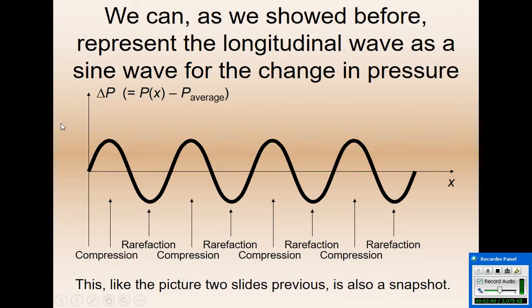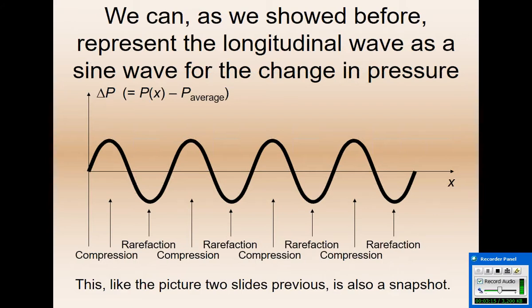If we plot the deviation in pressure from atmospheric pressure, then we get a sinusoidal function. So on the screen, you see a graph. The vertical axis is delta P. Delta P is the pressure at some location x minus the average pressure. Where the curve crosses delta P equals 0, at that location in this snapshot of time, the particles are at atmospheric pressure.